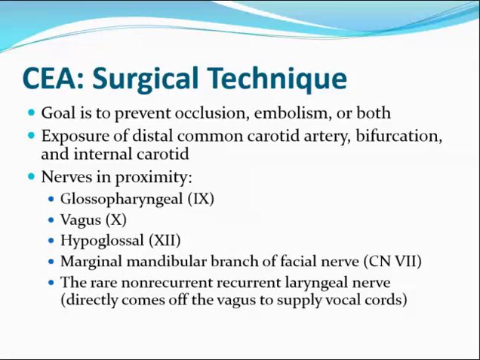And in some cases, a very small population has a non-recurrent laryngeal nerve. Very interesting, but it is possible that some patients have a non-recurrent nerve, and it comes directly off the vagus to supply the vocal cords.